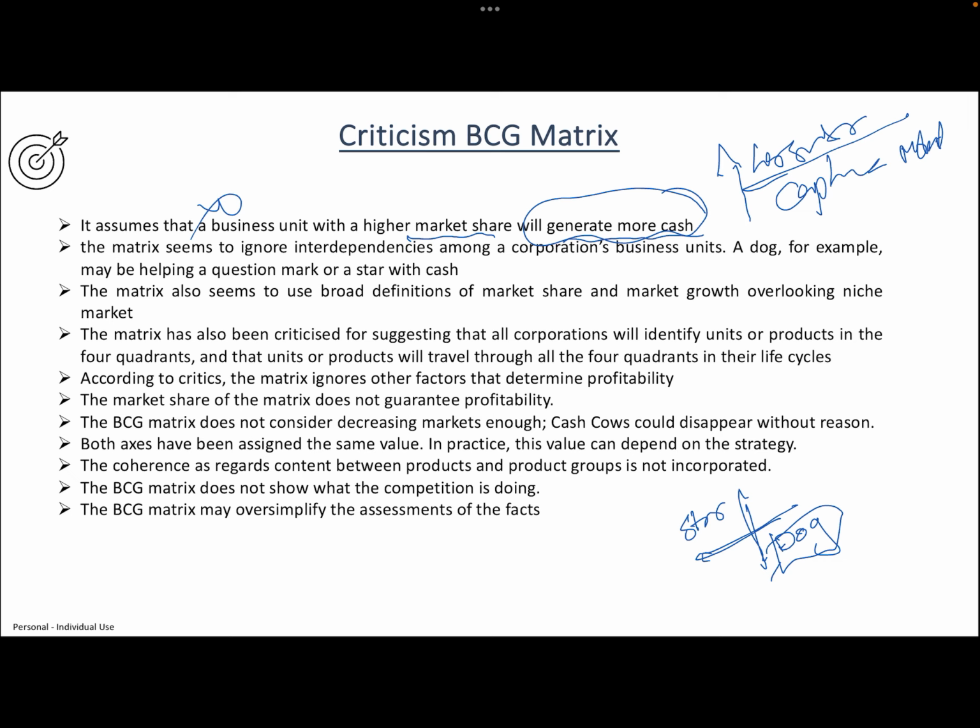So you have one product in dog and one product in star. Your star is selling because of the dog. The dog is supporting it. In that case, the BCG matrix is very silent. If there is any interdependency between my products in different boxes, how are these products interrelated?